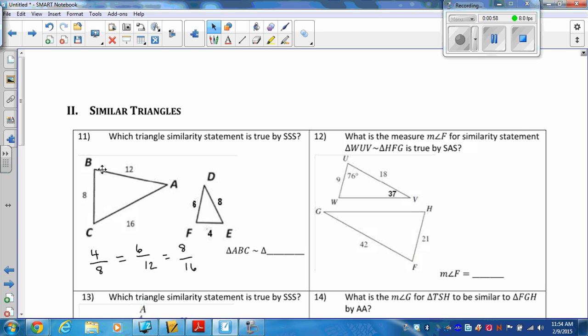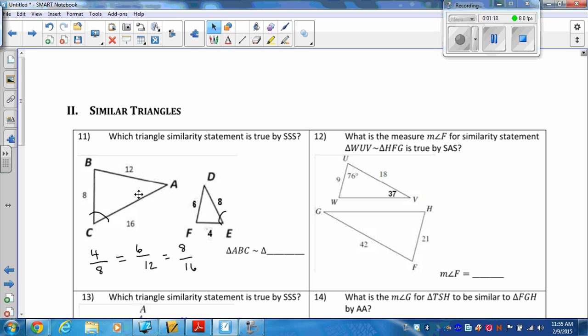So angle C is between the short and long side. So angle E has to be the same as angle C because they're the short and long side.